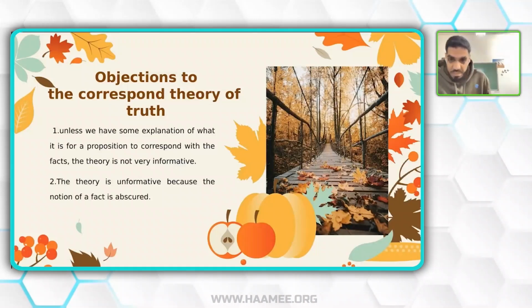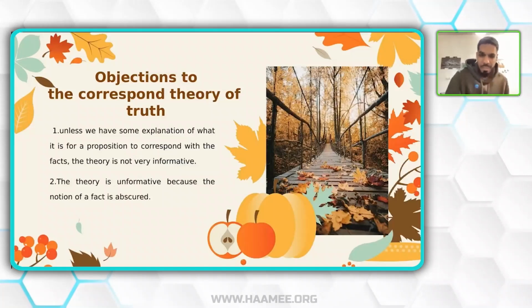The second is that the theory is uninformative because the notion of a fact is obscure. As my friend Amir Reza mentioned, we said a fact is unchangeable, but here it says all the facts, as we see over time, get changed, and when they change, we cannot get any knowledge of them. So they're uninformative, and they're not that obvious. If you have a question, you can ask. If not, we can go to the next theory of truth.